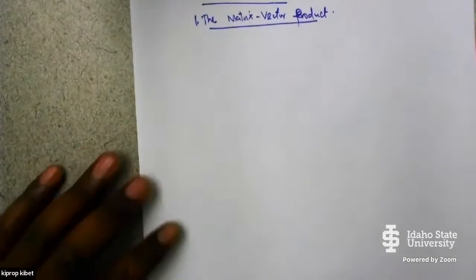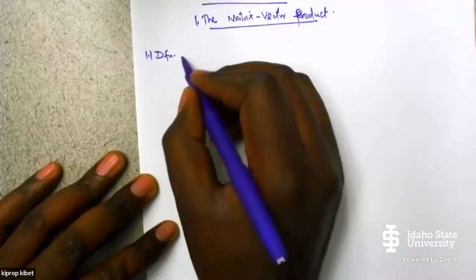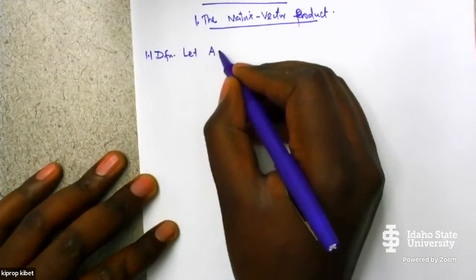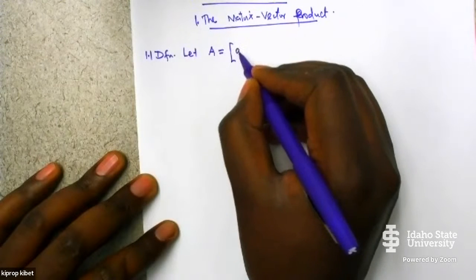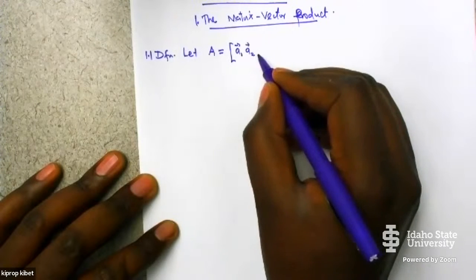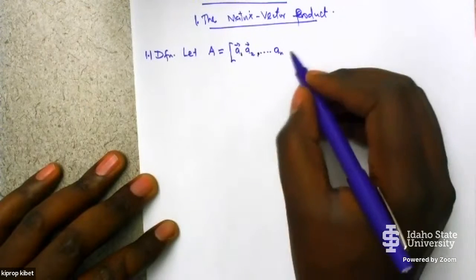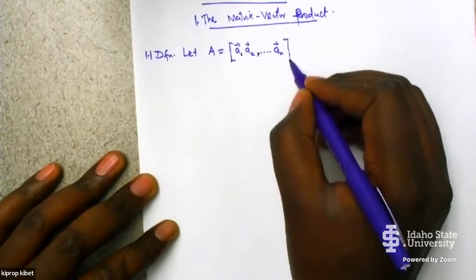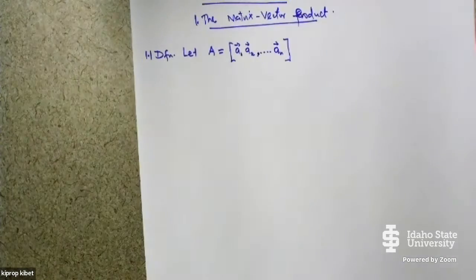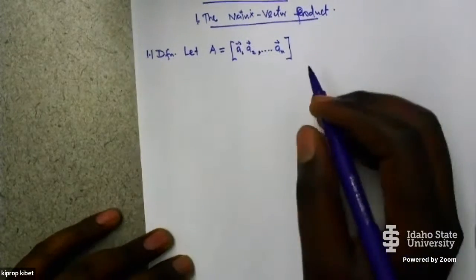So let's start with Definition 1.1. If we let A be equal to [A1, A2, ..., An], where those are vectors, A is a matrix that has the column vectors A1, A2 to An.